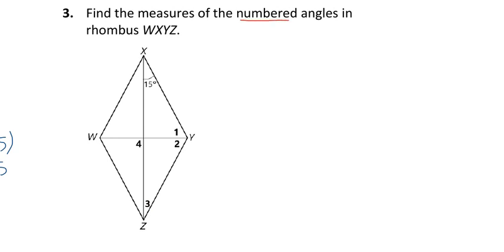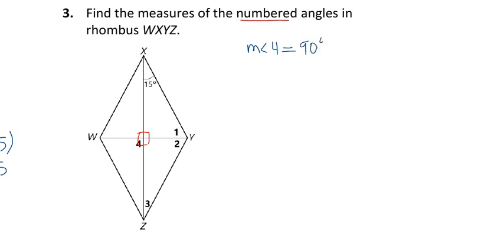I would say the easiest thing to find would be the measure of angle 4, because we know that in a rhombus, the diagonals are perpendicular to each other, so there will be right angles here. So right angles all over the place, and therefore the measure of angle 4 would be 90 degrees.